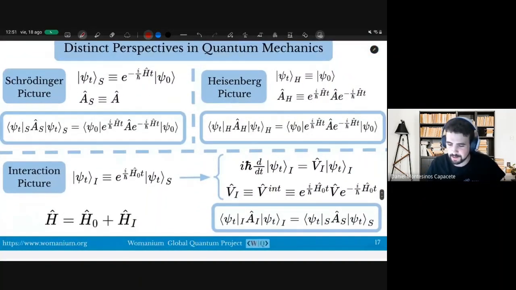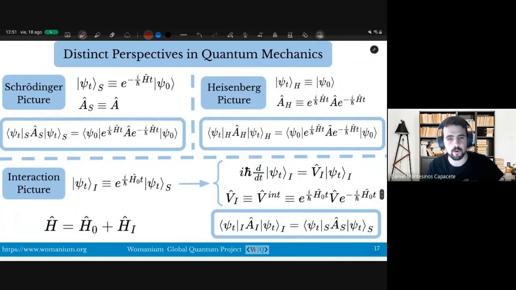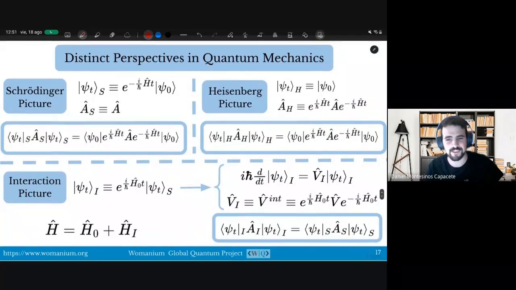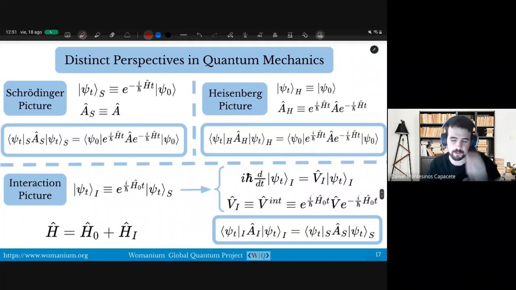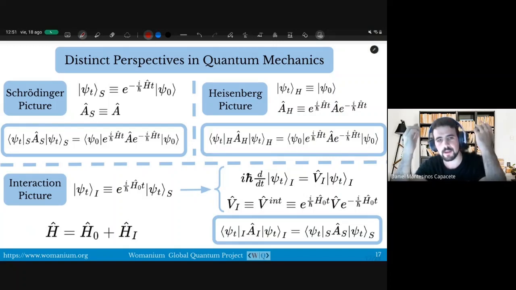This slide here is introducing some more advanced topics in quantum mechanics. I would say it's quite fundamental, but also more advanced for sure. Just to briefly speak about this, when you face quantum mechanics, depending on the problem that you want to solve, it might be convenient to work in different pictures, as they are usually called.